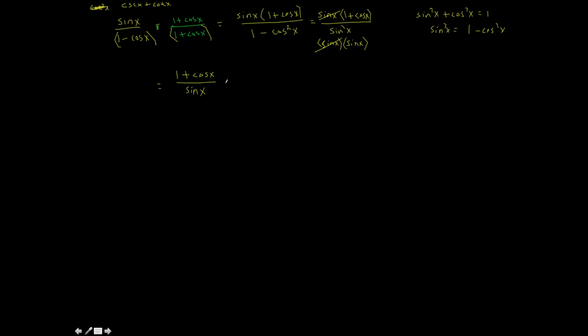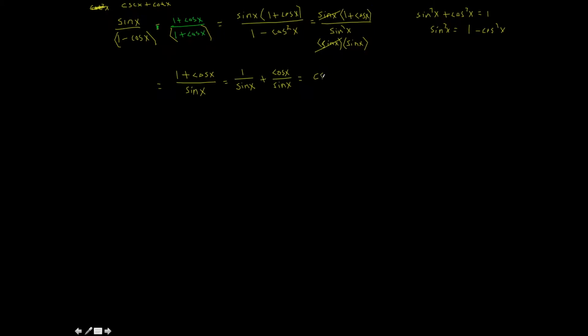So we have a common denominator. So I'm going to split this apart, like so. Now, 1 over sine x is going to be cosecant x.